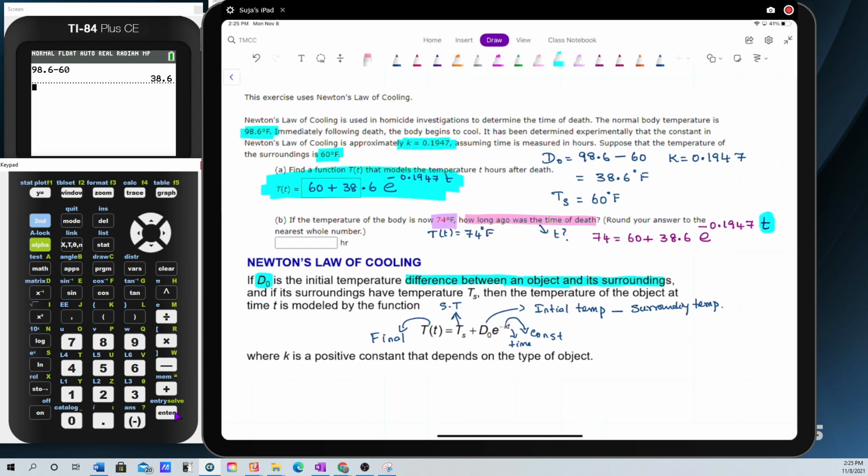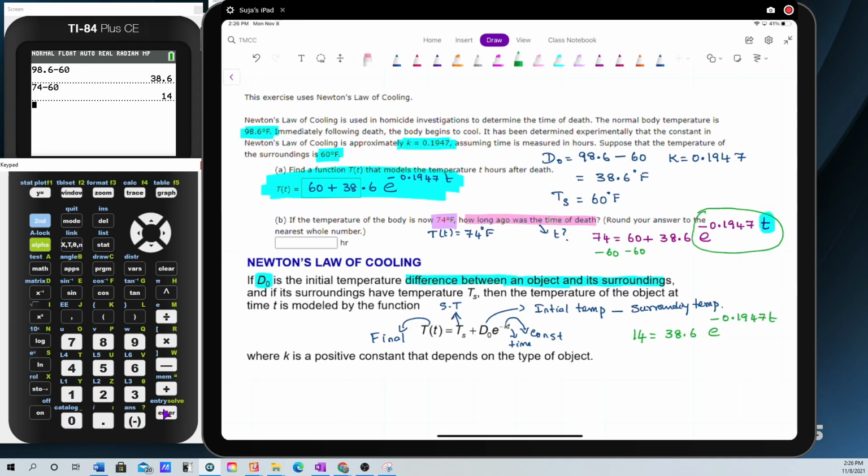Okay, here also this is an exponential equation. This is my exponential term. So first I need to isolate it on one side. The first step would be to subtract the 60. So 74 minus 60, 14, is equal to 38.6 e to the power of negative 0.1947t.